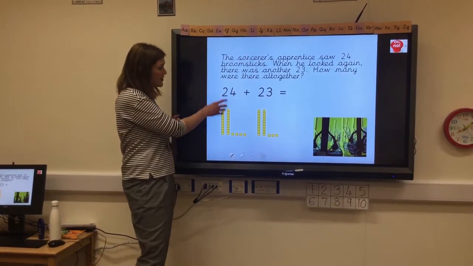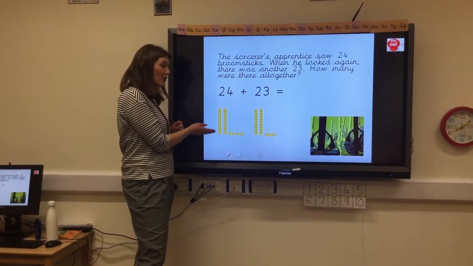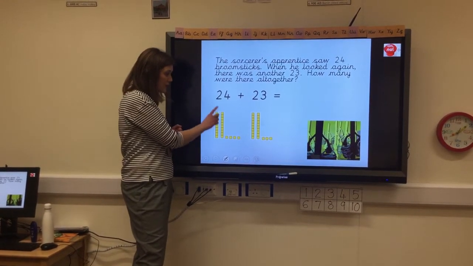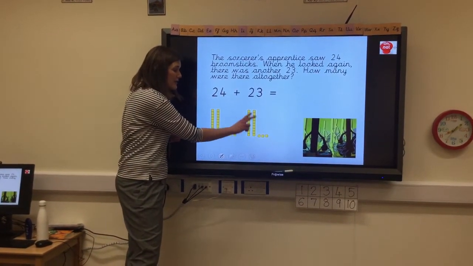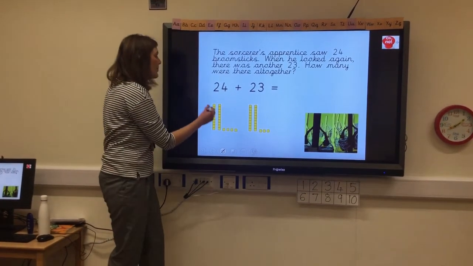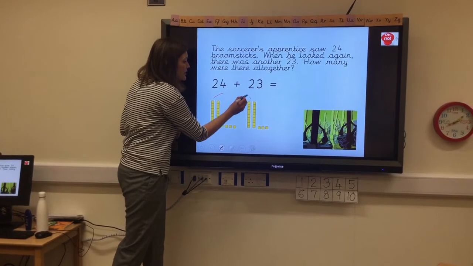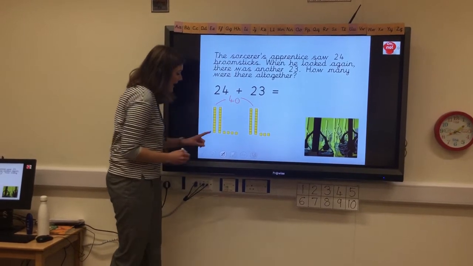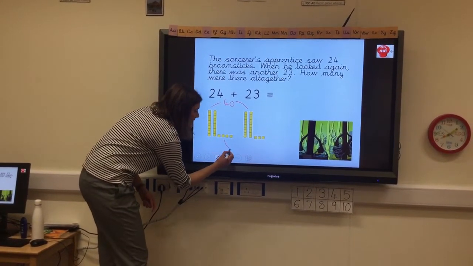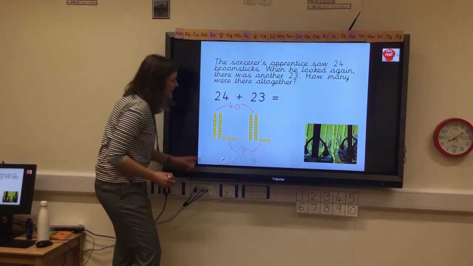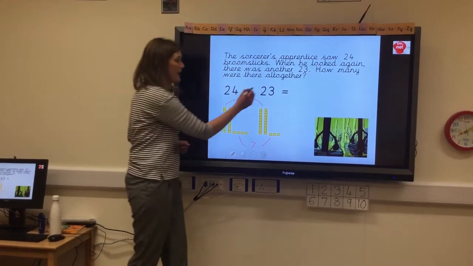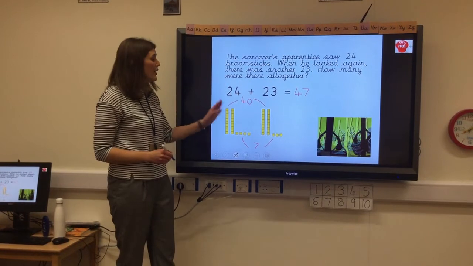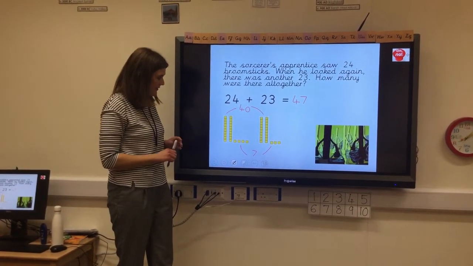And what we've done here is we've shown that calculation in a pictorial way, which is exactly the same as what we had in the concrete way, but we've got our 2 10s and 4 1s for 24, 2 10s and 3 1s for 23, and we can solve this by adding our 10s, so we've got 2 10s there, 2 10s there, so 20 add 20 is 40, and then we add the 1s, I've got 4 and 3, so 4 and 3 is 7, then we need to add the 40 and the 7, which goes here, because that's our total or our sum, so the answer to that equation is 47. 24 add 23 is 47.